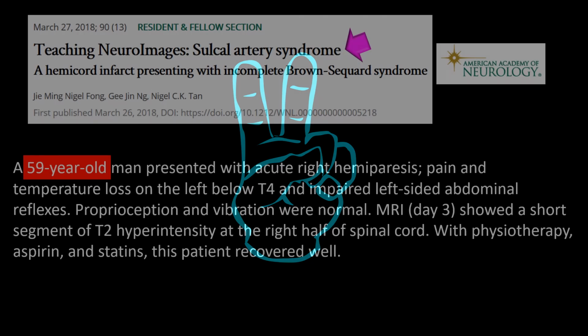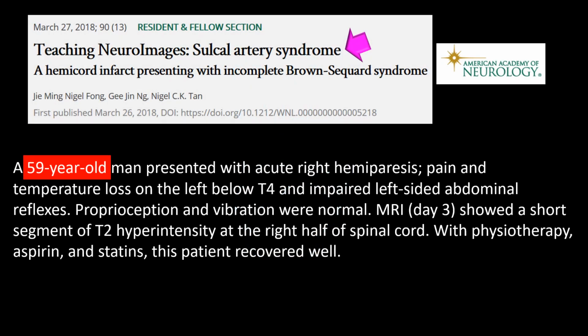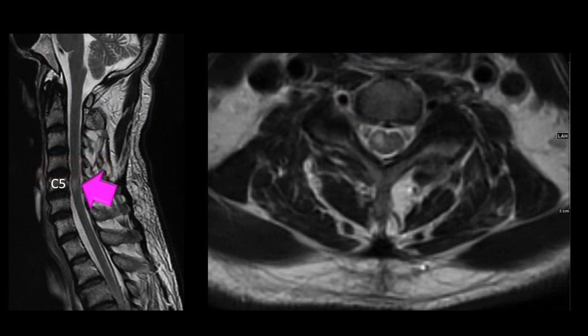Now I am going to show you the second case. The history and findings in this case are compatible with the case we previously presented. But I have two reasons to show you this case. The first one is the MRI. Notice that the cord at this level is whiter than the surrounding tissue, indicating higher water content than the neighboring structures.